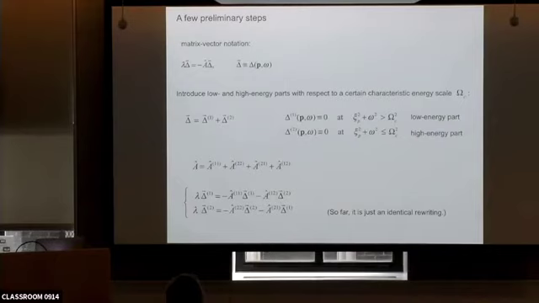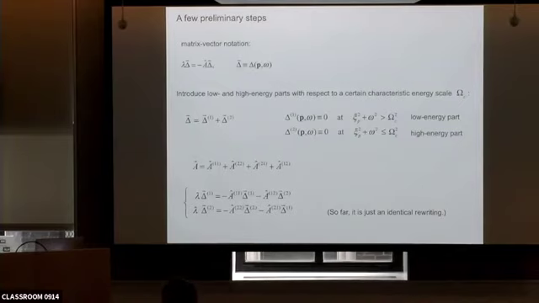Correspondingly, this operator matrix has 4 separate pieces: the piece 1,1 deals with the low energy part, the piece 2,2 deals with the high energy part, and we have 2 pieces which mix low energy and high energy parts.